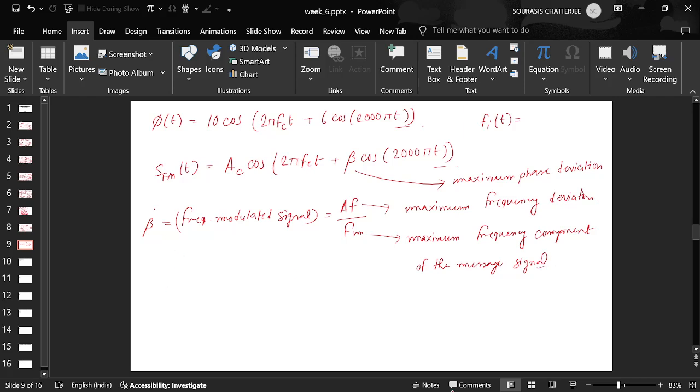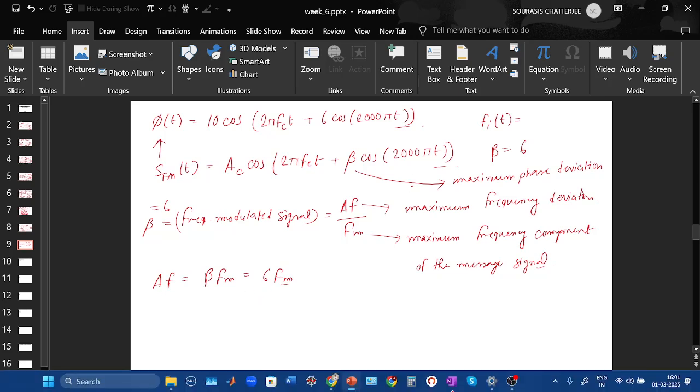So we have obtained that beta is equal to 6, right? If we compare this with this, we have obtained that our beta, that is the maximum phase deviation or modulation index, you can see it both ways, is equal to 6. So your delta f is equal to beta times fm, 6 times fm.